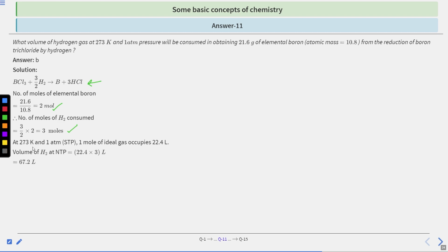At 273 Kelvin and 1 atmosphere, that is standard temperature and pressure, 1 mole of ideal gas occupies 22.4 liter. Therefore, the volume of hydrogen at NTP will be 22.4 multiplied by 3 liter, which is coming out as 67.2 liter. So this is the correct answer. We can write here STP or NTP. Hence option B is the correct answer of this question.